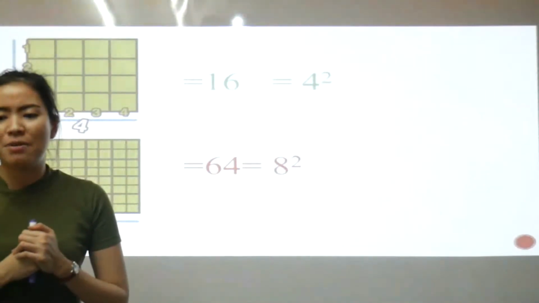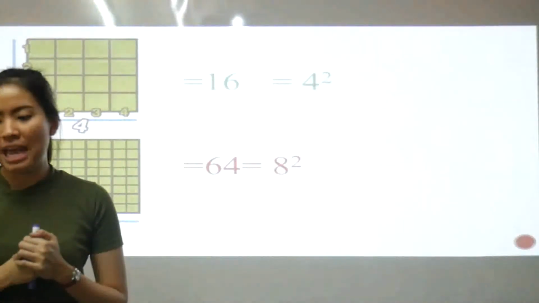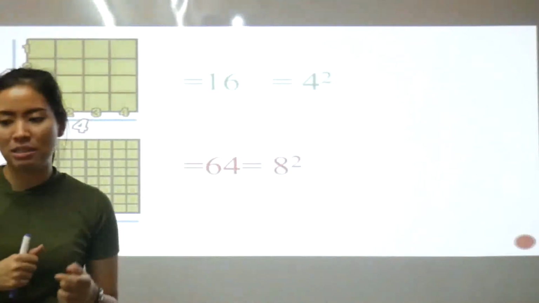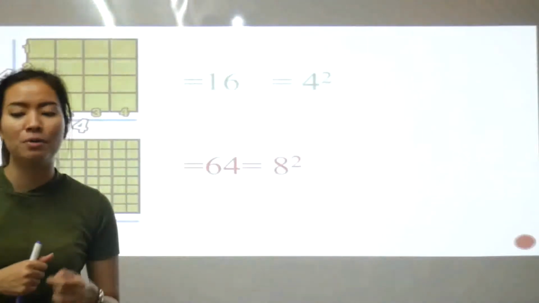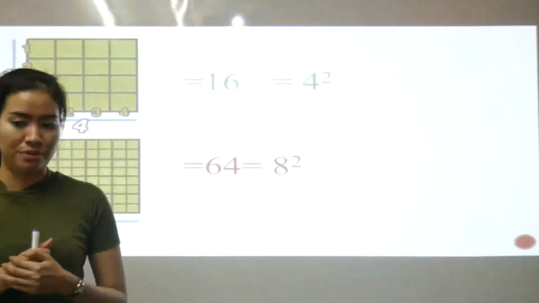So, now we can say that a perfect square is a number that can be made by multiplying a whole number by itself, by squaring any whole number.